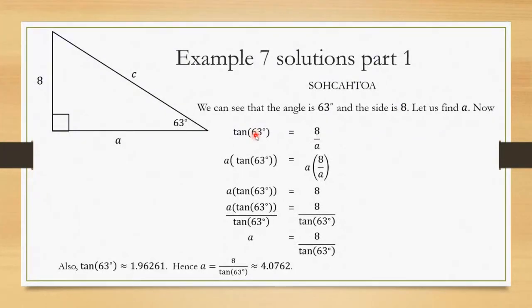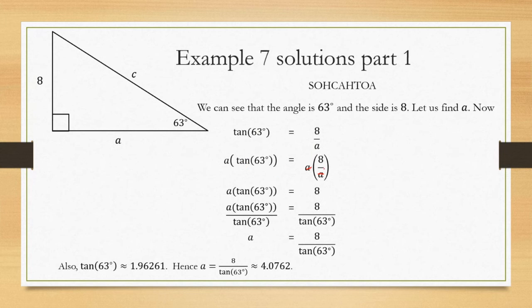Tangent of 63 degrees is opposite divided by adjacent. So we have to solve for A. It's really the same steps from before. We want to get A all alone, so we multiply both sides by A, because we don't want A in the denominator. These cancel, and we get A times tangent of 63 degrees equals 8.